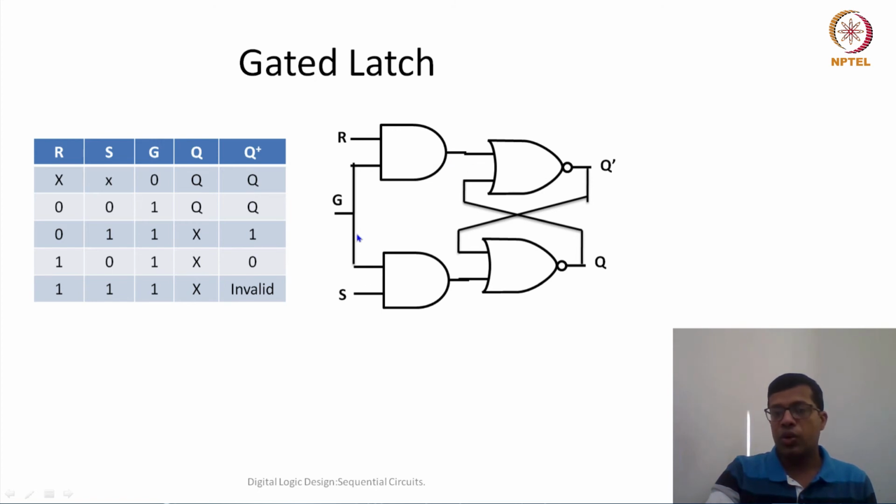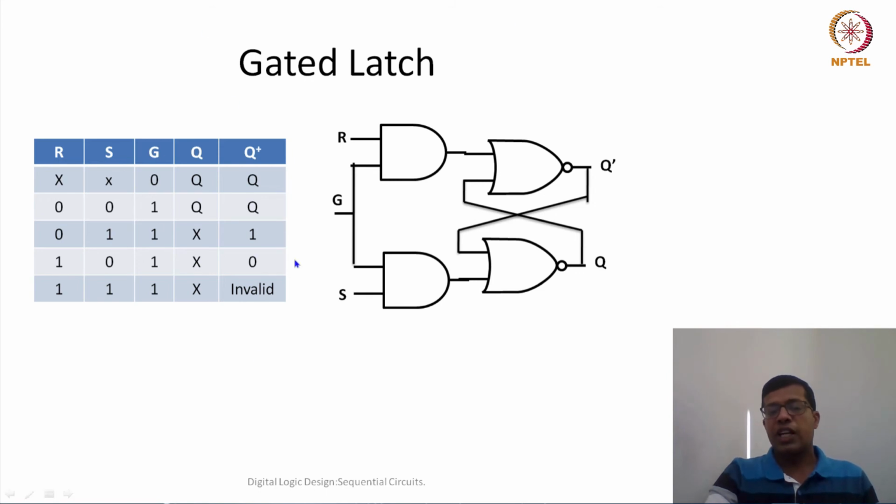If G is 0, the input to both of these NOR gates is going to be 0 0. Because the input is 0 0, whatever was there in Q and Q bar will remain the same, they will not get modified. However, if G is 1, then R and S can be given to these NOR gates as R and S were there in the previous RS latch.